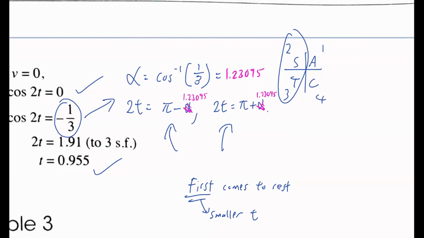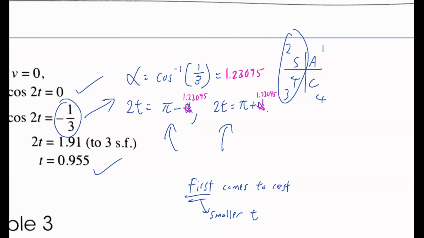Pi is just some number 3 point something. Pi minus 1 point something versus pi plus 1 point something. Which one is smaller? Clearly, this is smaller, right? So that's why we want this one.